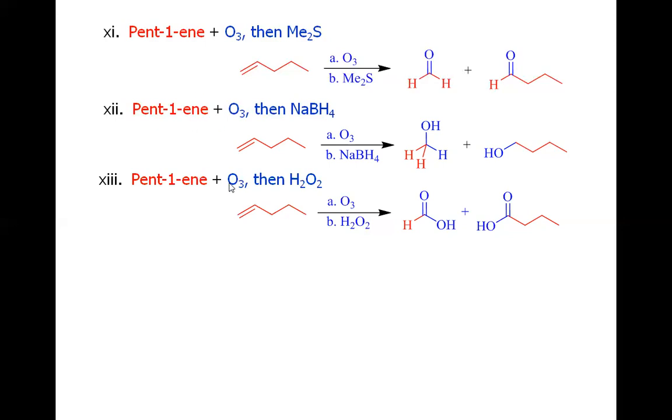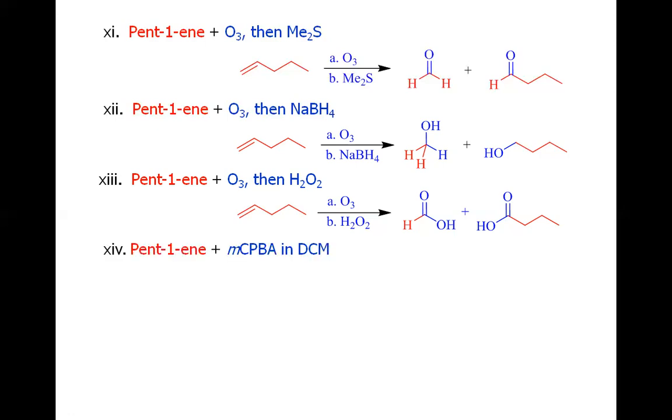Basically all these three reactions are called ozonolysis, and the second step differs. So the complete name of the 11th reaction is ozonolysis followed by the neutral workup, for the 12th reaction we call it ozonolysis followed by the reductive workup, and for the 13th reaction we call it ozonolysis followed by the oxidative workup.